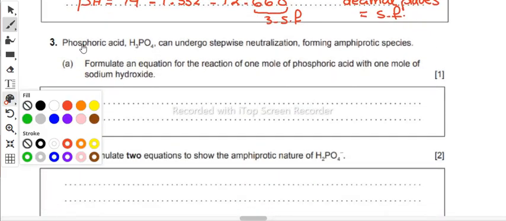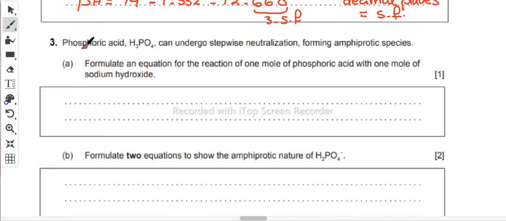Continuing with question number 3. Phosphoric acid can undergo stepwise neutralization forming amphiprotic species. Formulate an equation for the reaction of 1 mole of phosphoric acid with another 1 mole of sodium hydroxide. Why is it important to consider how many mole number?